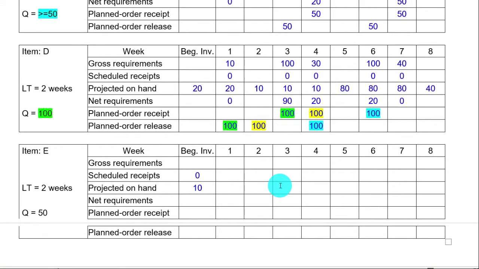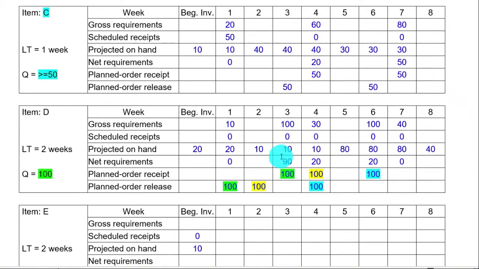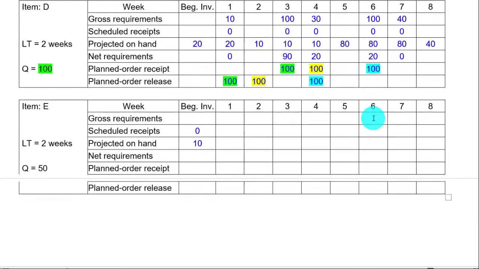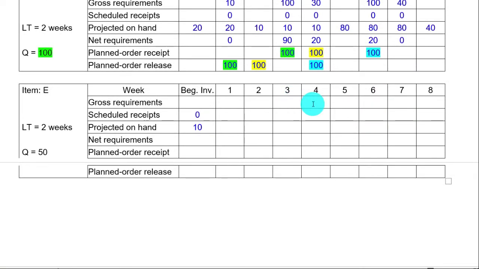Next, determine gross requirements. We look at C, planned order release. 50 in week 3, 50 in week 6. So 50 times 3 is 150. Now next, determine net requirements. On hand carries over to weeks 1 to 3.